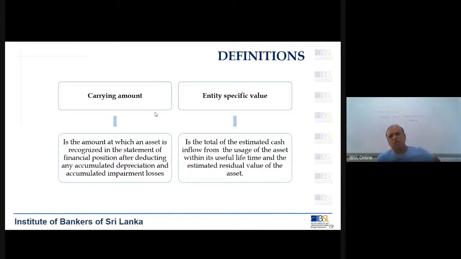So it's very rare that people use this entity specific value, but what it says is it is an estimation of the cash inflows. So now you have brought in a machine, and this machine might cost some value. Let's say it is about 5 million, but you don't want to say the cost of the asset to be 5 million.